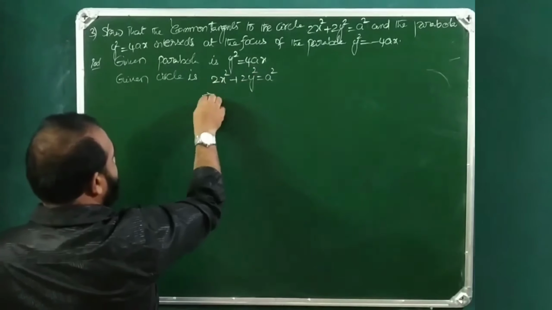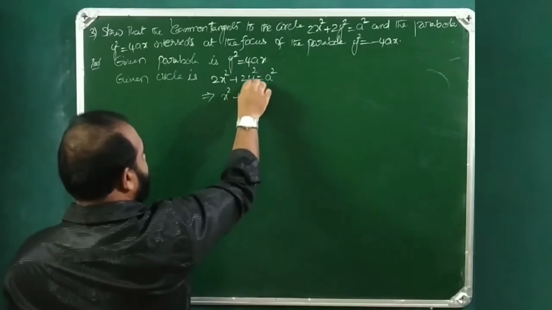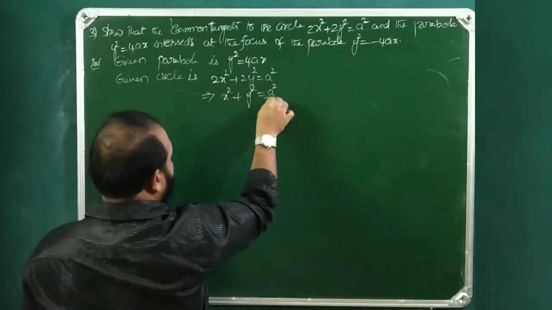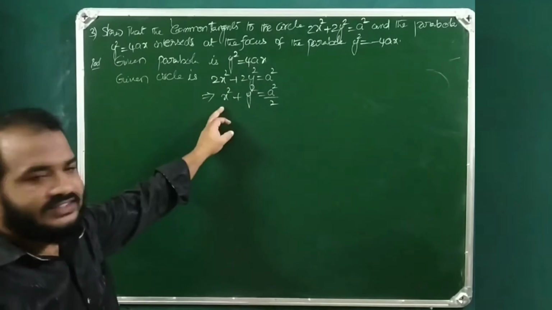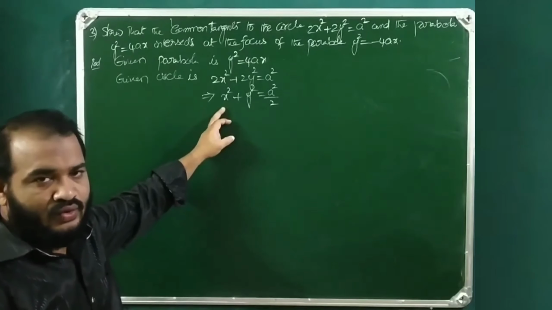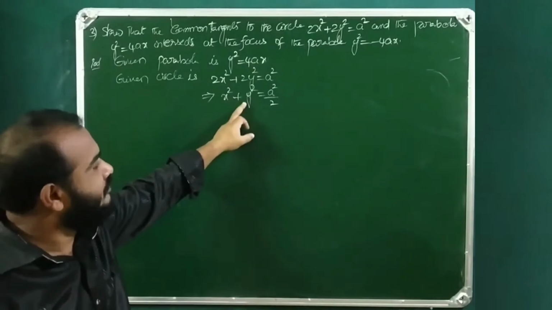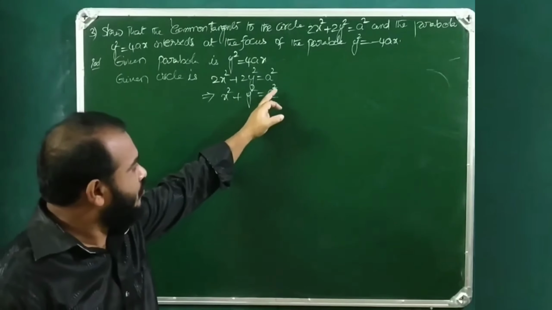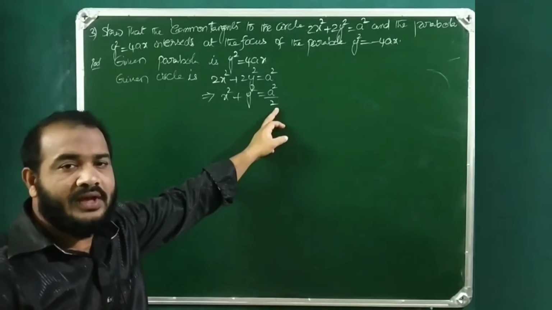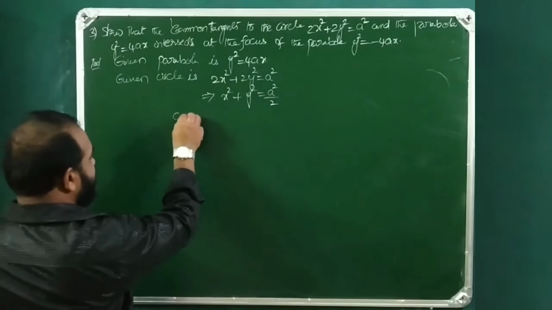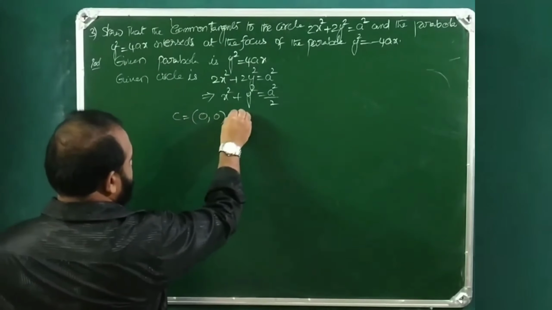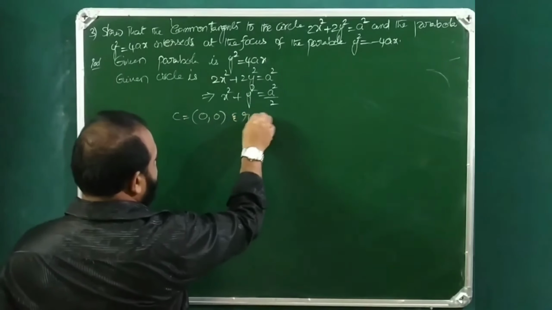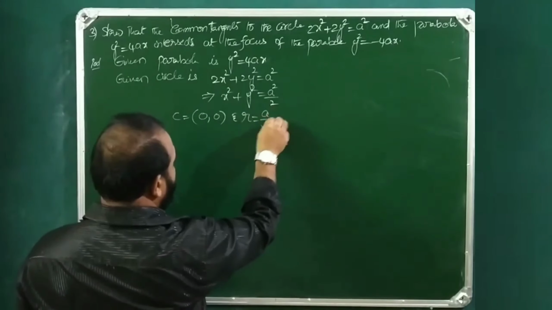From this, x square plus y square is equal to a square by 2. So this is the standard form of the circle whose center is at the origin and radius r, where r square equals a square by 2, r equals a by root 2. So center C is 0, 0 and radius r is a by root 2.